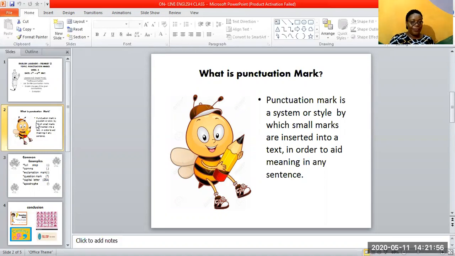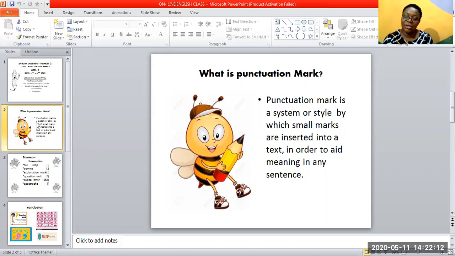Are we clear? Punctuation mark is the system of style by which small marks are inserted or put in place into a text in order to aid meaning in any sentence.